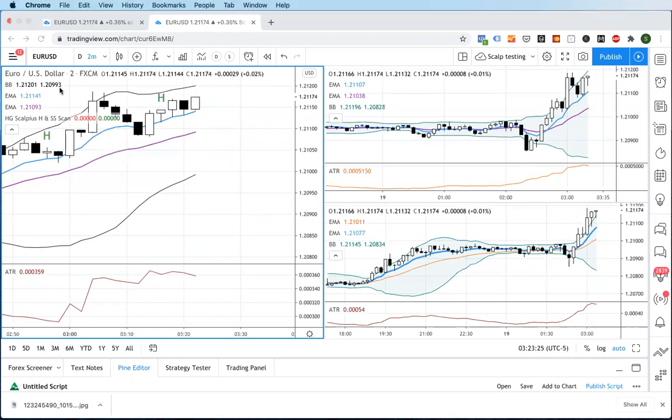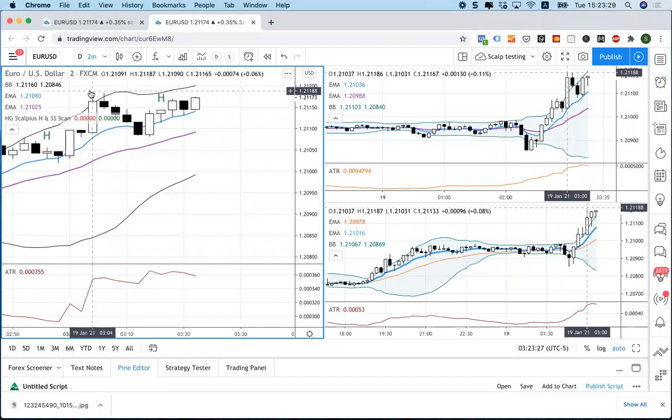Now, the setup gets canceled once we break this high. And we might possibly end up in DV. So yes, we could very well. Good catch, my man.